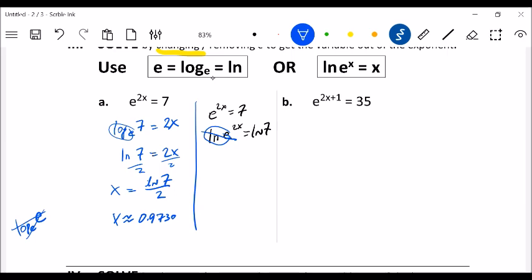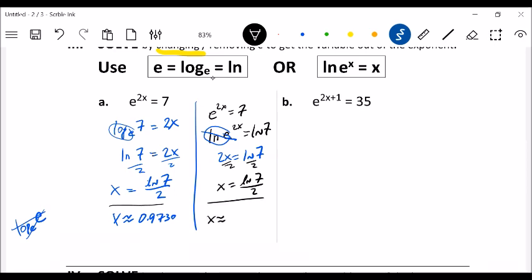So now we have 2x is equal to the natural log of 7. Divided by 2, we have x is equal to natural log of 7 divided by 2. Same thing. So x is approximately 0.9730.